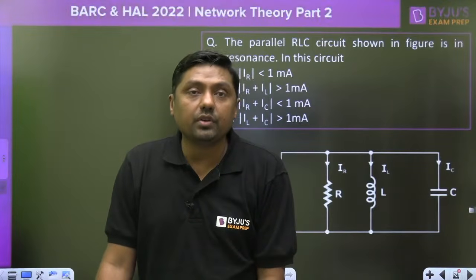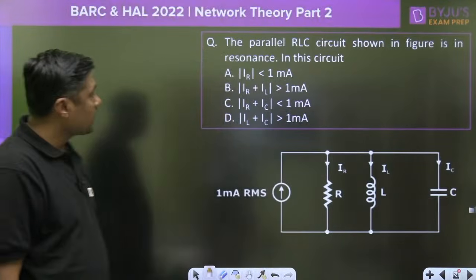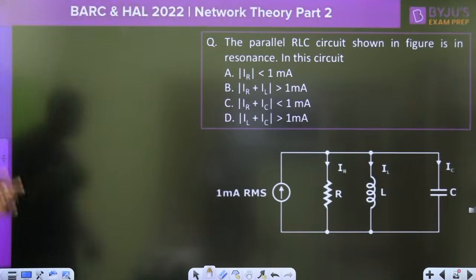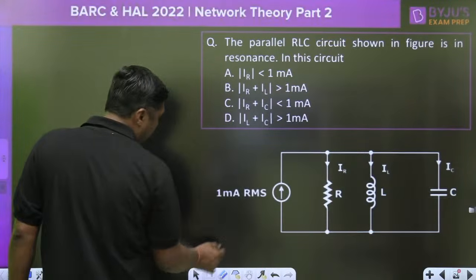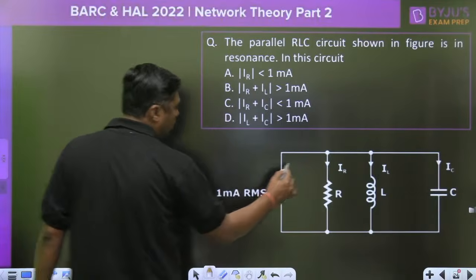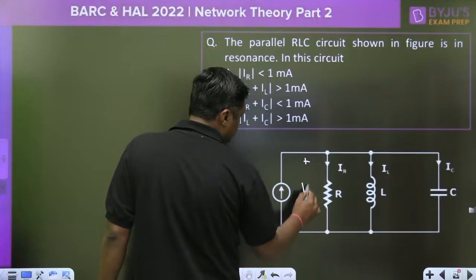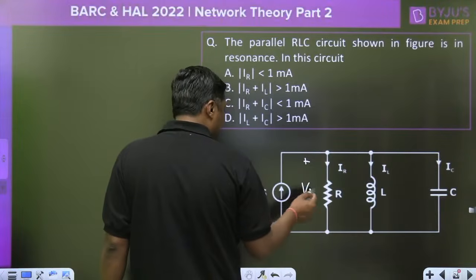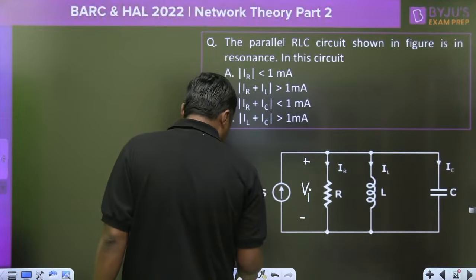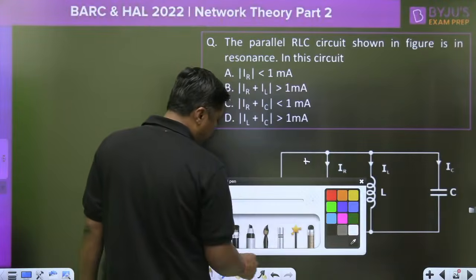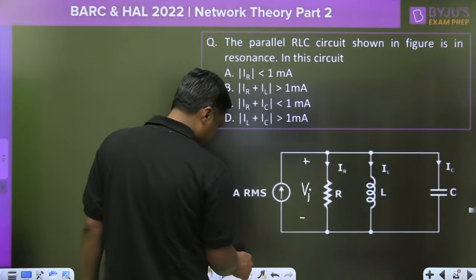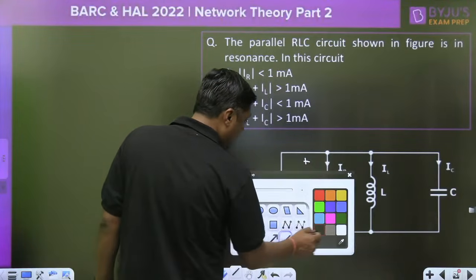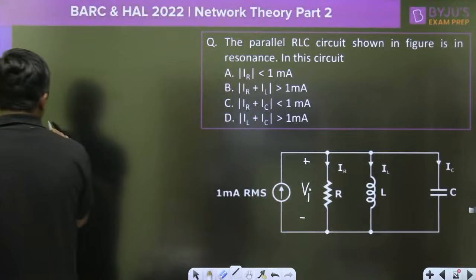Ritik Gunjan, you are giving the answer B for this. Okay. So, if the circuit is in resonance, always remember this current and applied voltage will be in the same phase. Then we can draw a phasor here.